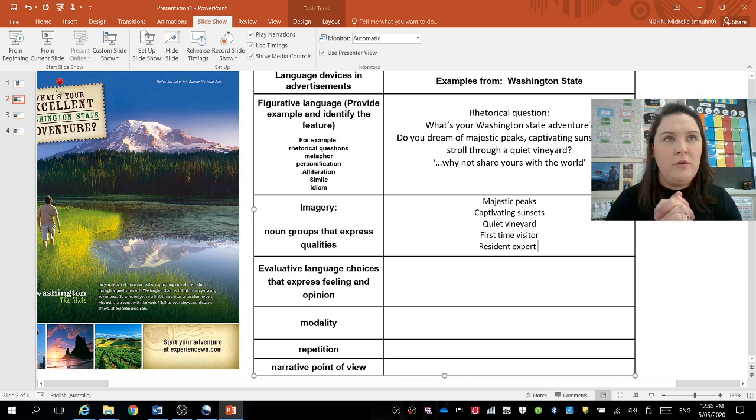So if I was to say, oh, memory making adventures were had on this holiday, that's subjective. That's me, I guess, communicating a feeling or an opinion about it. It doesn't describe the adventure. You could say thrill-seeking adventure because that's more descriptive language, whereas memory making is subjective, meaning it's personal. That is why it's going into evaluative language.